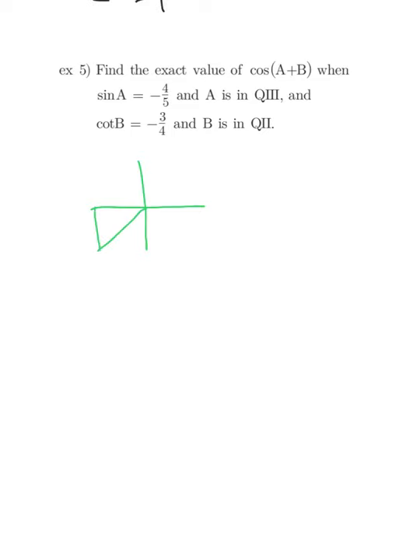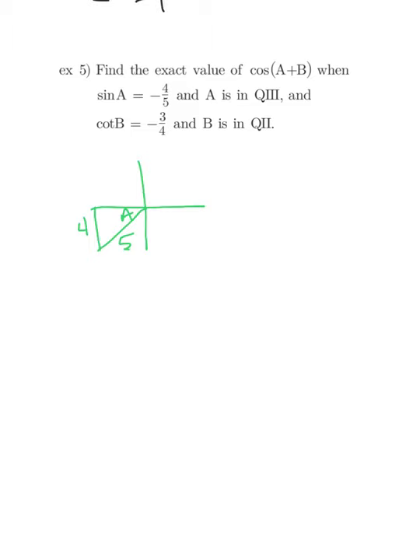So we have an angle in quadrant 3 where the sine, which we defined to be y over r, is -4/5. The y is 4, the r is 5. It is negative. Remember, r can never be negative.